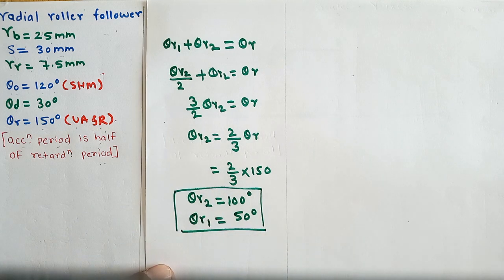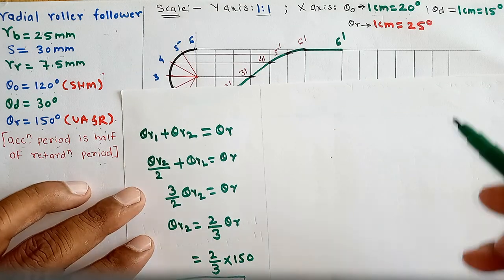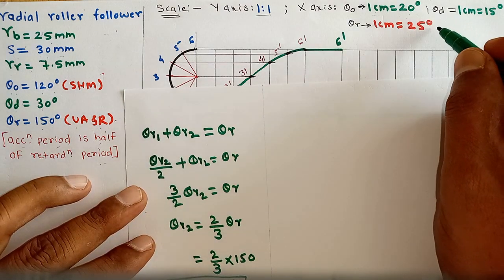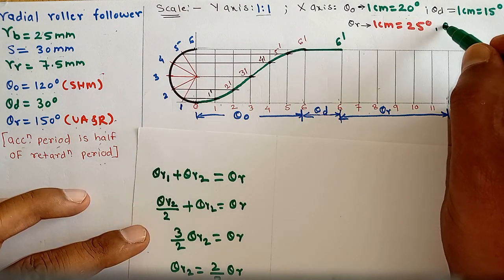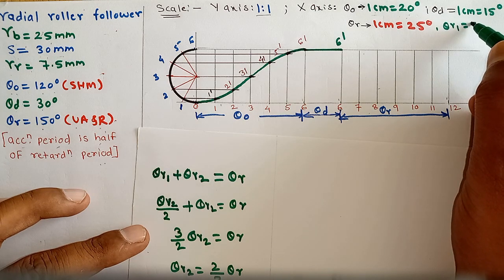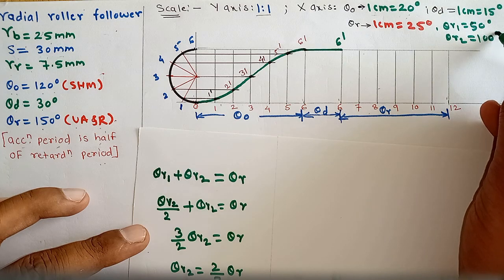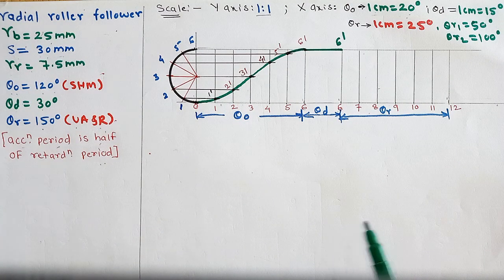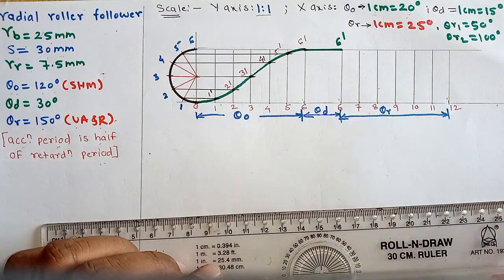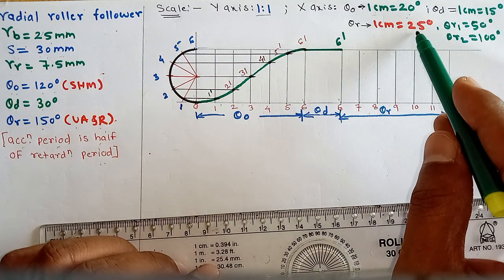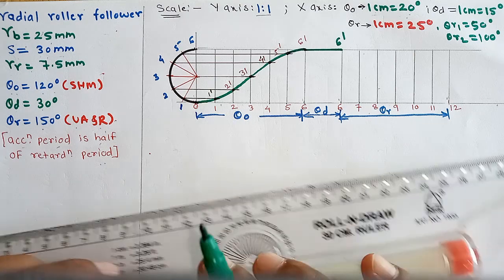Okay. So let me write it down here. Theta r1 is 50 and theta r2 is 100. So we'll divide this period. Total is 150 degrees. 1 centimeter is 25 degrees for the return stroke.